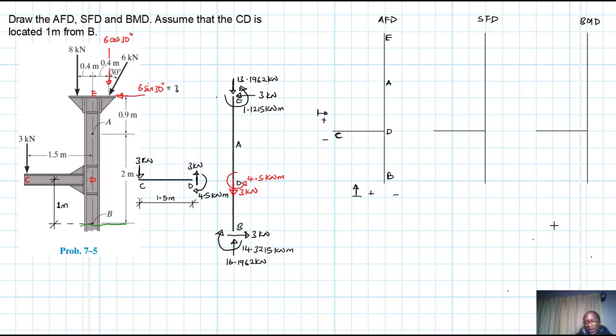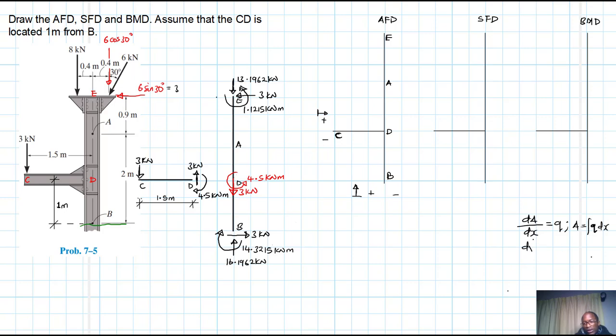Again, we are using the differential equation. We have the change of the axial force with respect to x is equal to the axial distributed force, which is just our q. And then the axial force itself will just be equal to the area under the axial distributed force.